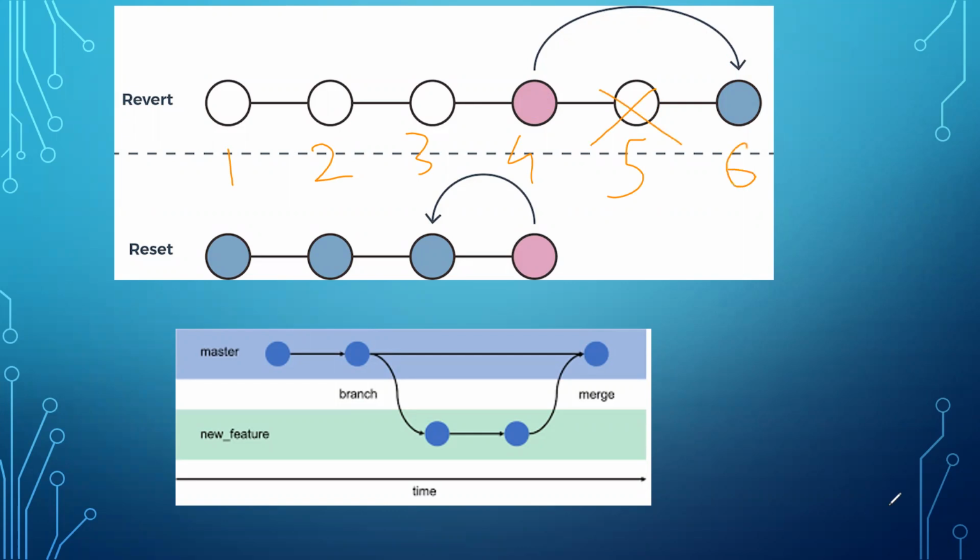So now my head is pointing here. So the benefit is I am not losing 5 and I am pointing to the previous stable version. But that previous stable version has come up with a new commit ID. So the 4th commit ID and 6th commit ID will be different. But the 5th will also be there.